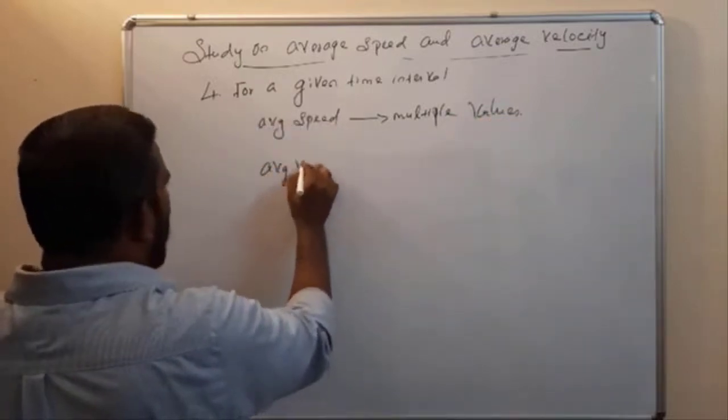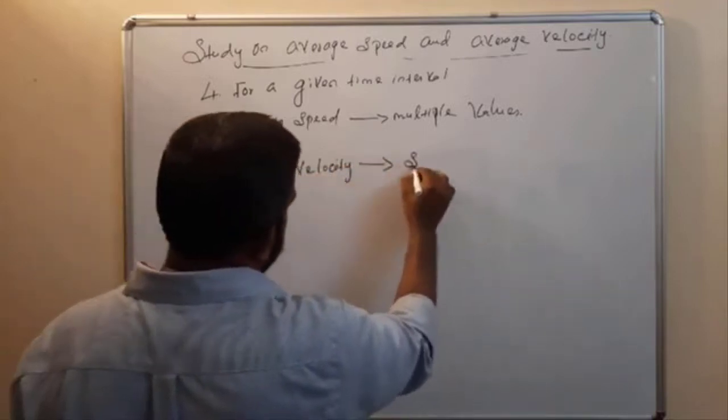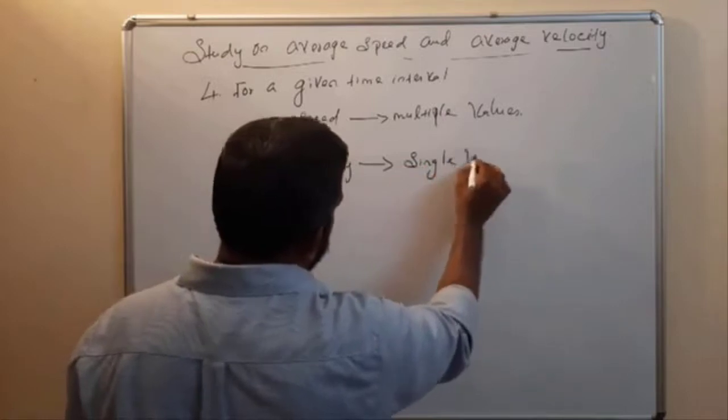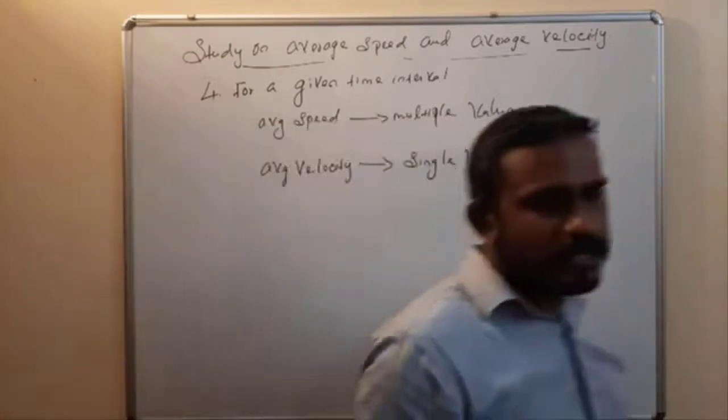Average velocity has single value. So you clear this point?